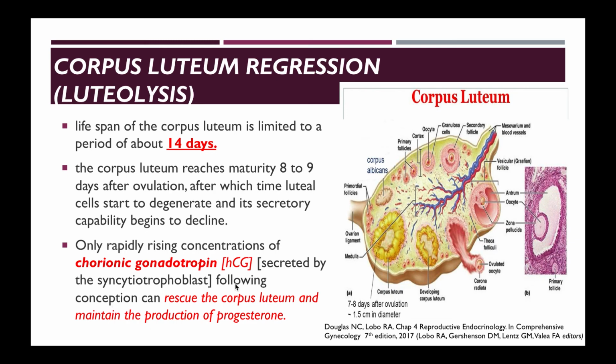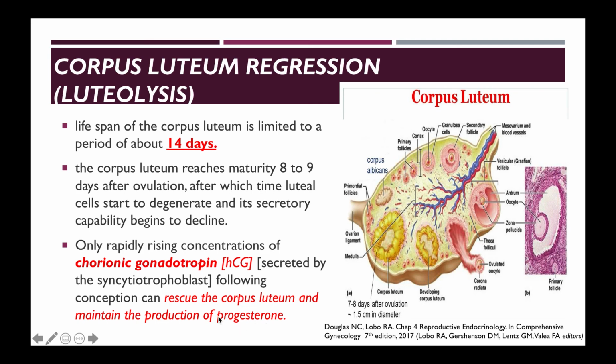Only rapidly rising concentrations of chorionic gonadotropin, or what we call HCG, which is secreted by the syncytial trophoblast following conception or following fertilization, can rescue the corpus luteum and maintain the production of progesterone. Meaning, if the patient becomes pregnant, then the corpus luteum does not undergo regression. If the patient becomes pregnant, the corpus luteum is rescued and it is needed to maintain the production of progesterone.